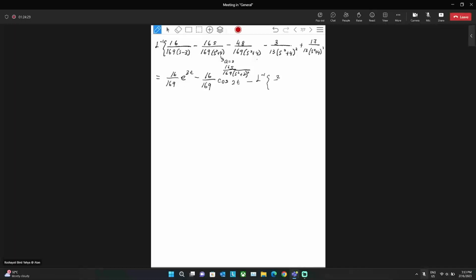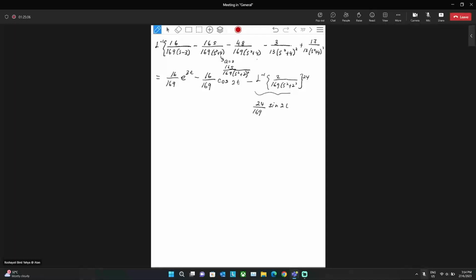So 2 over 169 (S squared plus 2 squared), times 24. So this part becomes 24 over 169 sine 2t.